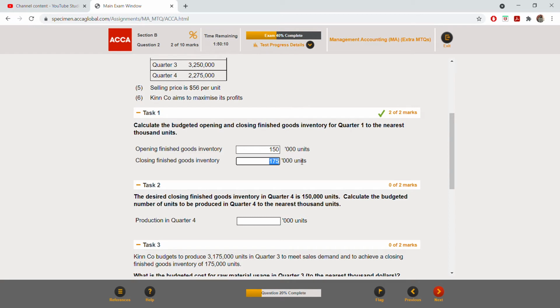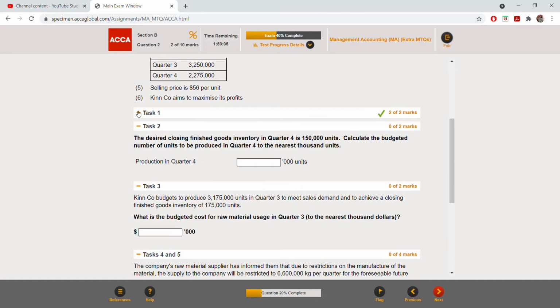This will be the opening for quarter 4. So it will be sales plus closing inventory, which is 150,000, minus opening, which is 175,000, which will be 2250. Okay, so 2250 is the answer.